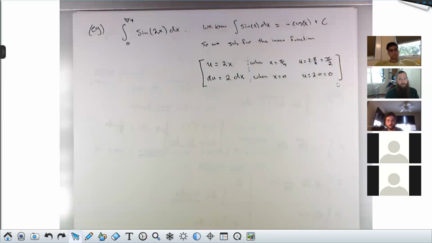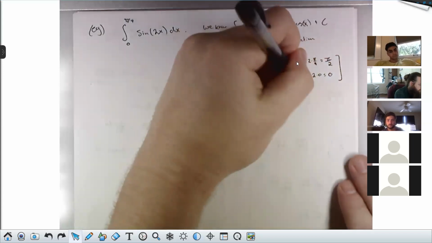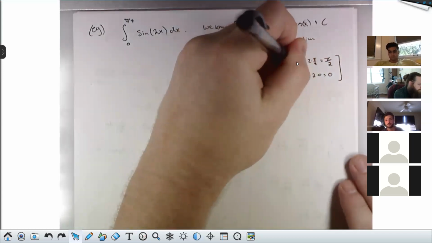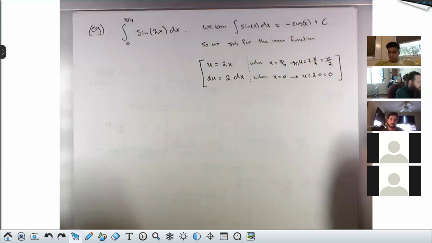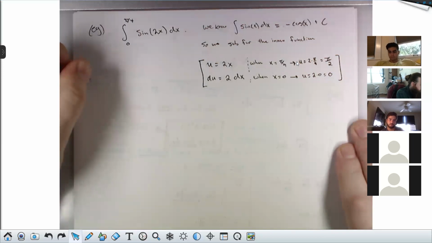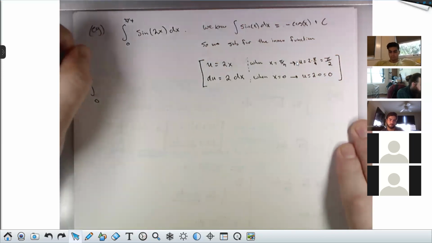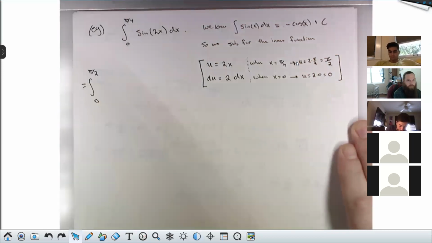It's not okay. When you do a substitution in a definite integral, anytime, any substitution in a definite integral, you must change the bounds. So when x is equal to 0, u is also equal to 0. When x is equal to pi over 4, u is equal to pi over 2. That means my new integral is going to run from 0 to pi over 2. New integral, new variable, new bounds.